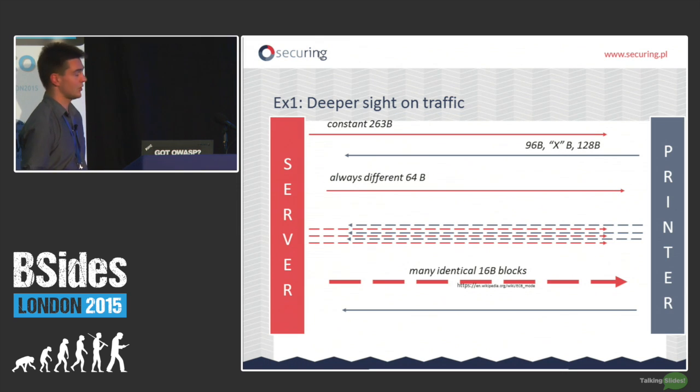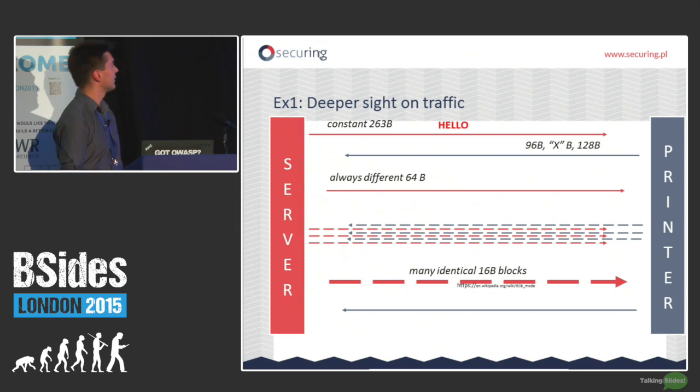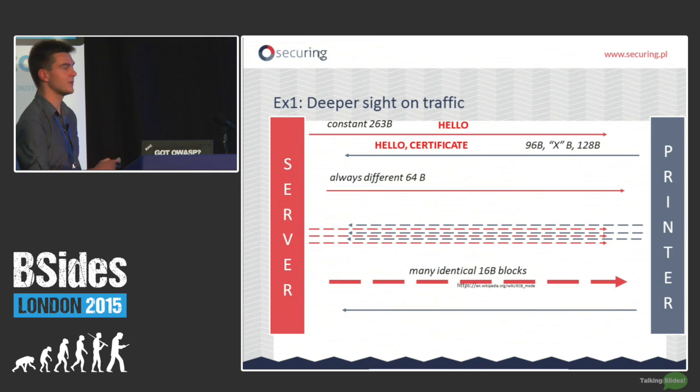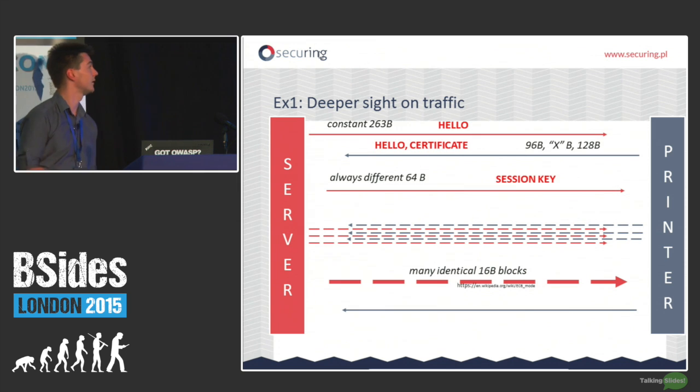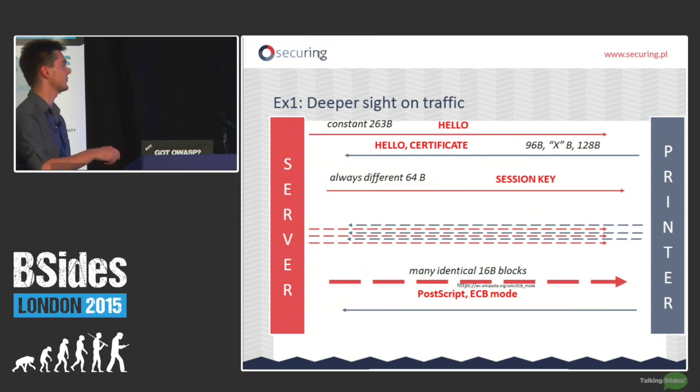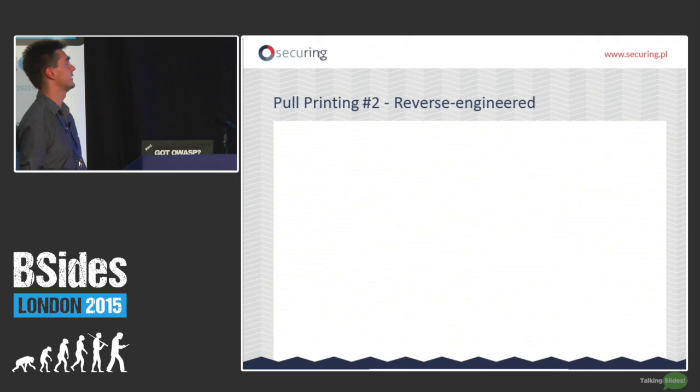So you can crack it. So this was some kind of hello message, then a hello certificate, the session key for the symmetric encryption side, and these were the PostScript print files encrypted in ECB mode. It was a very bad idea.